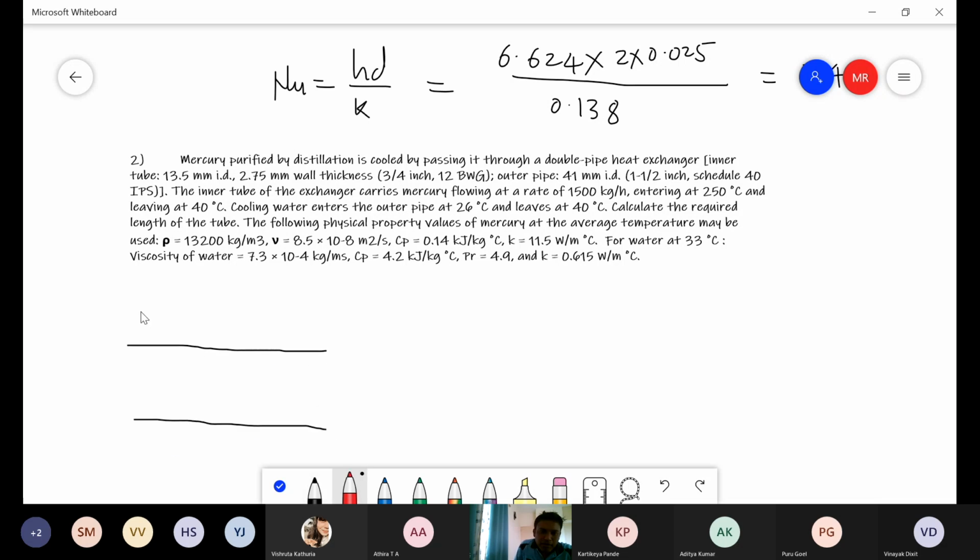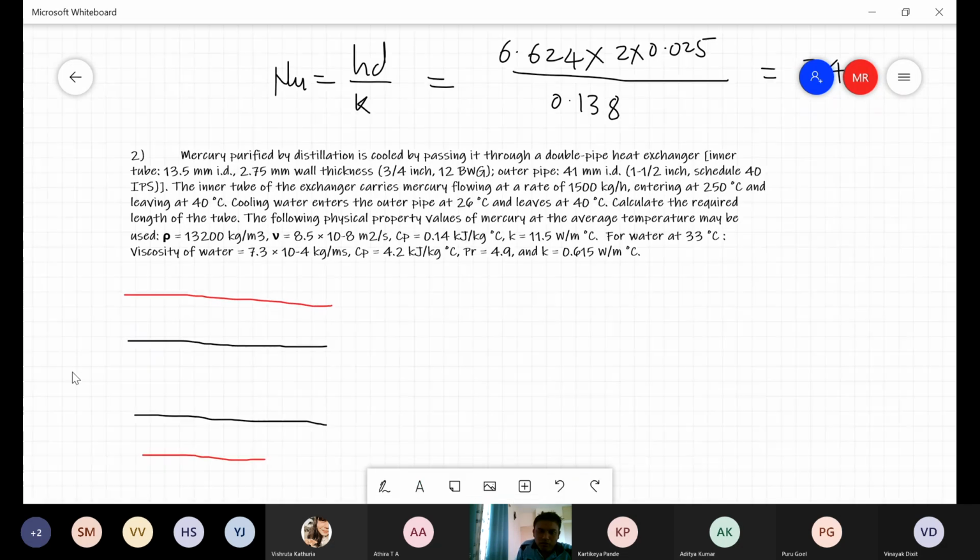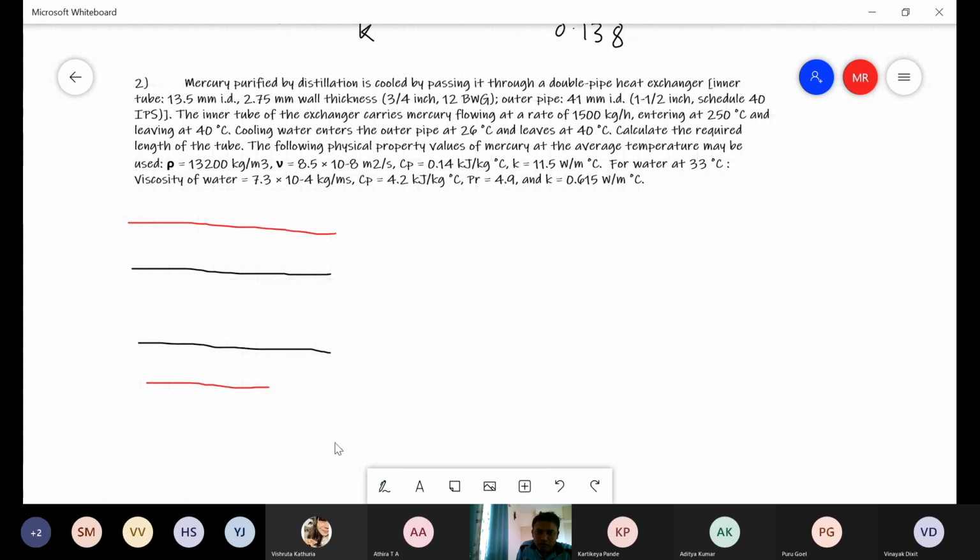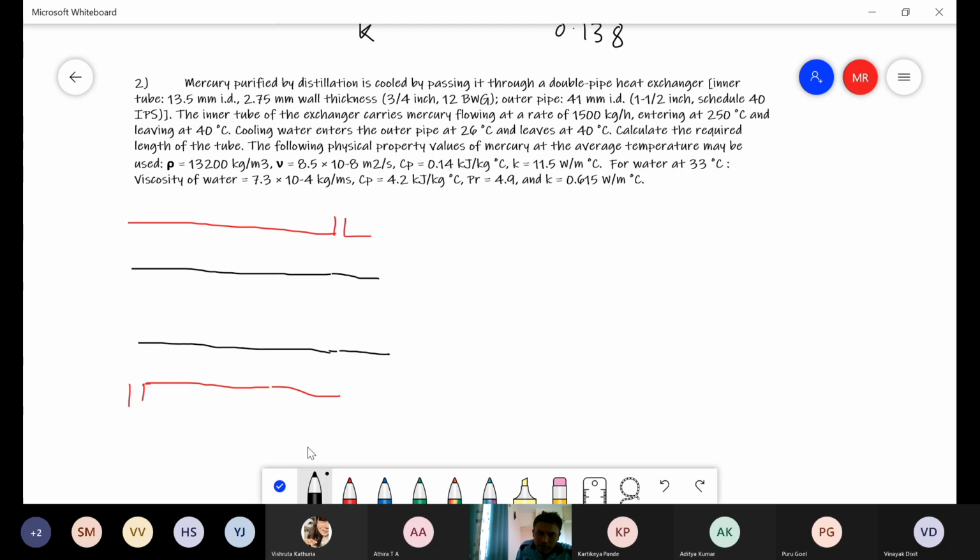So this is the inner pipe, and then there is an outer pipe. Okay, so this is what is happening.